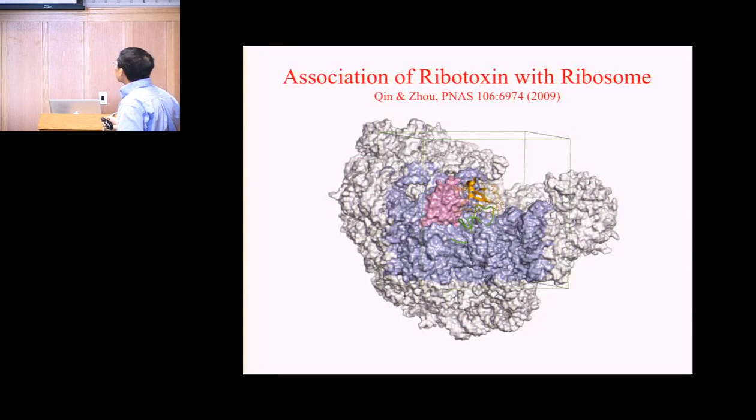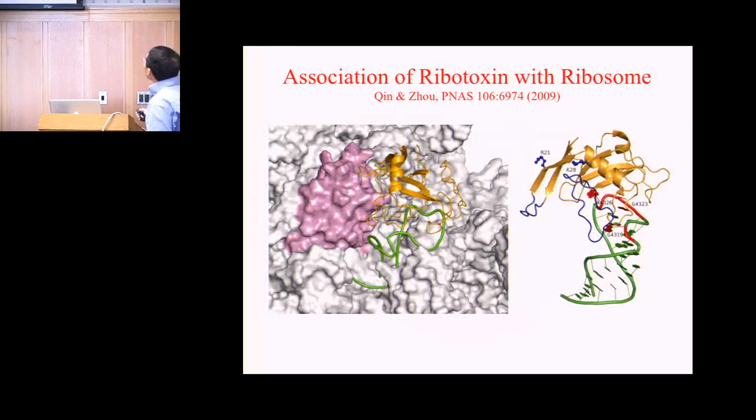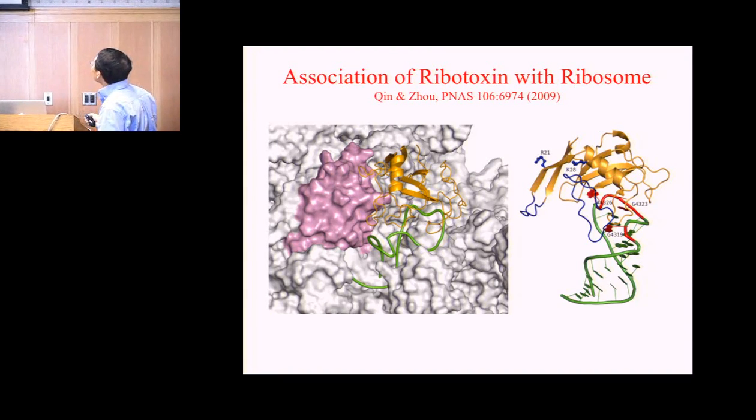It binds to a specific site on the ribosome, in particular a loop of the ribosomal RNA, and once it forms this complex at this particular site, the enzyme cleaves the RNA, so that the ribosome is inactivated and protein synthesis is stopped. So it's a highly toxic protein.